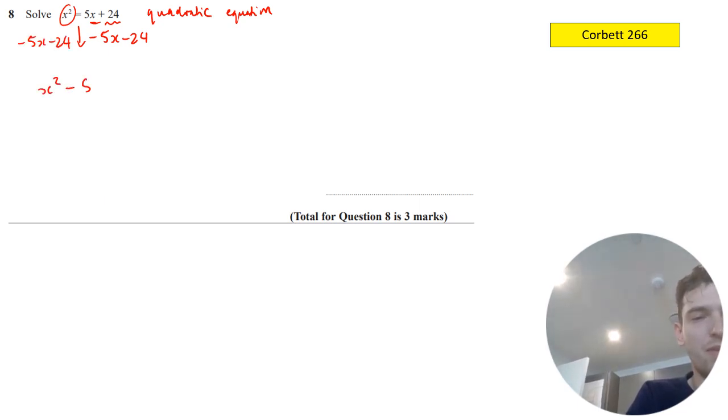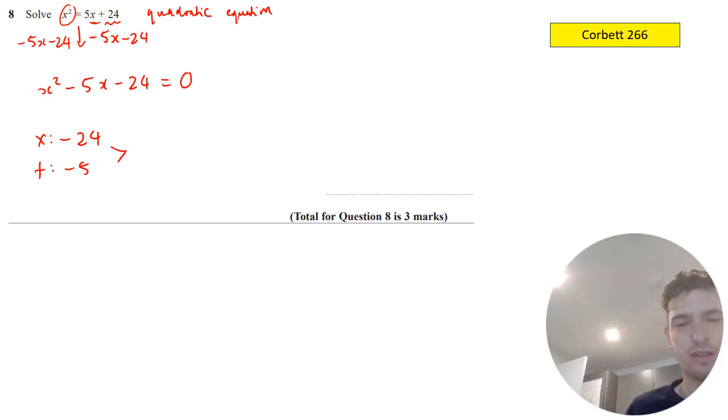So x squared minus 5x minus 24 is equal to 0. And now I can find two numbers that multiply to make minus 24 and add to make minus 5. What are those numbers? Well, if you're not sure, remember, you can list the factor pairs.